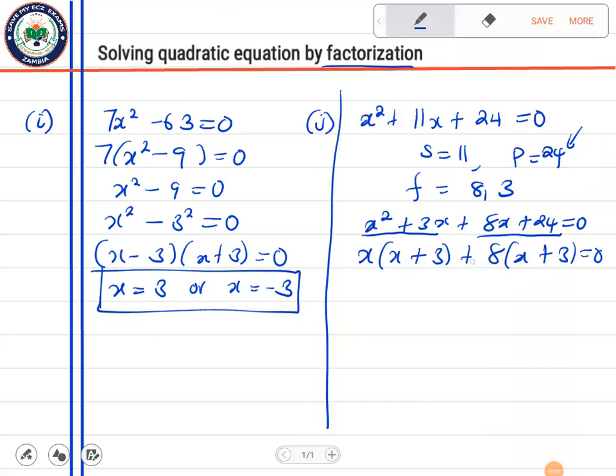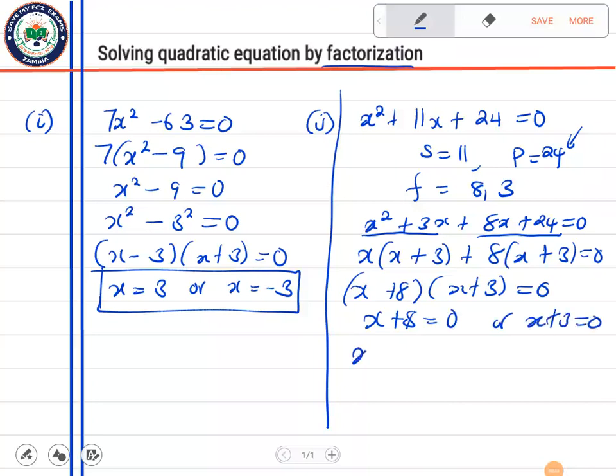And we can now group the outside terms. And we have a term like this, equal to 0. We can now equate each of it to 0. So here our x is equal to negative 8, or our x is just equal to negative 3.